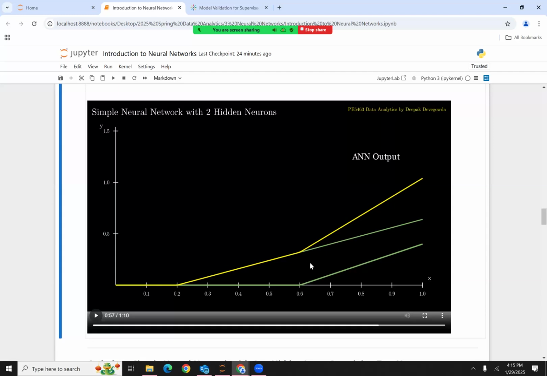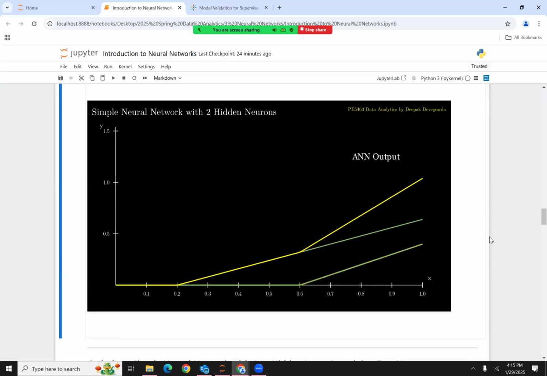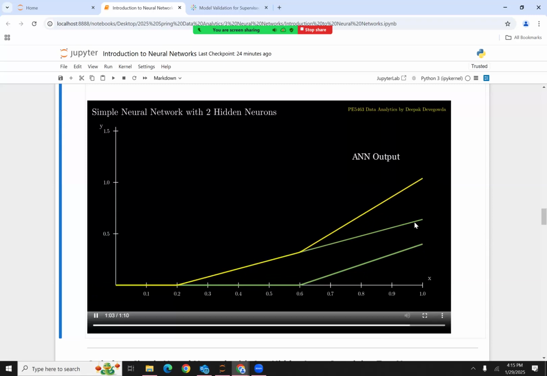And you can see that this function that we created is more nonlinear than the function we created with just one neuron. So just to recap, the artificial neural network output is the sum of the output from neuron 2 as well as the output from neuron 1.